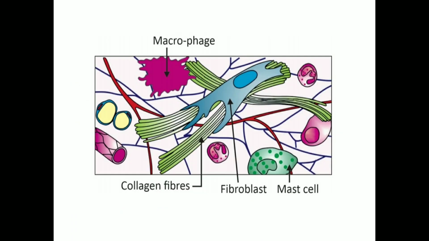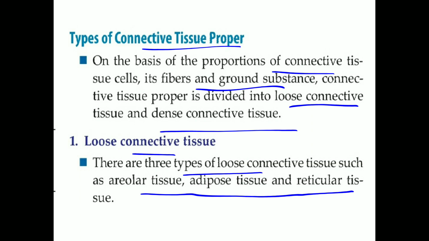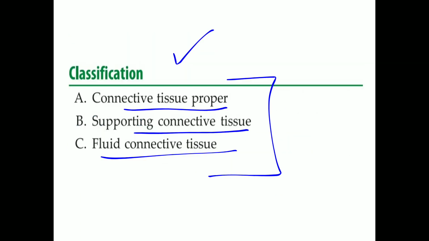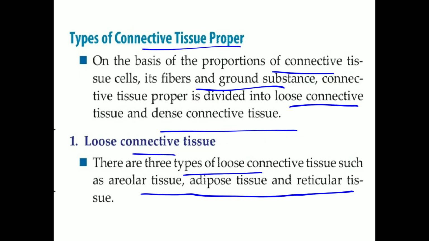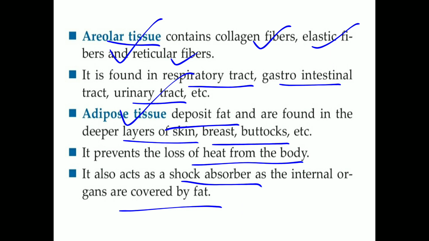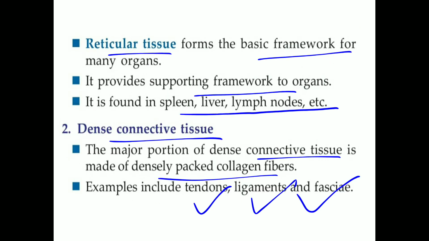We also discussed the components of connective tissue, the connective tissue cells and the connective tissue matrix. Of the different types, we discussed mainly three: connective tissue proper, supporting connective tissue, and fluid connective tissue. In connective tissue proper, we discussed loose connective tissue and dense connective tissue.